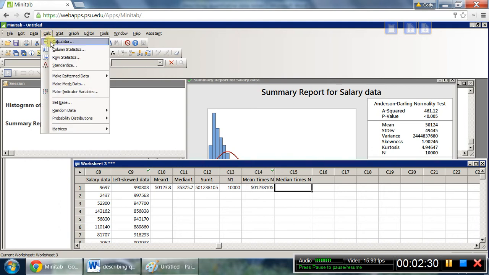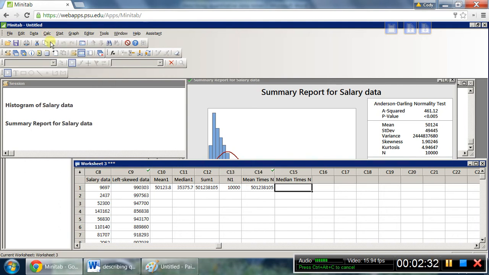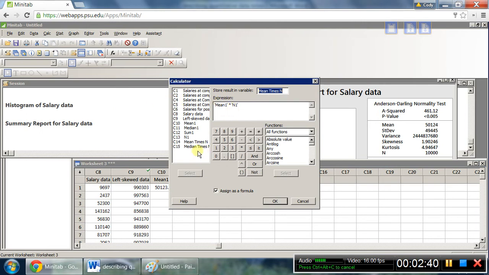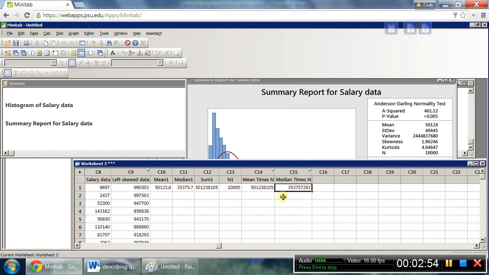Now, if we take a look at the median times the sample size, you'll have some anticipation of what's coming because we know that the median is smaller than the mean when the data are right skewed. So when we go ahead and do this multiplication, we find that the median times the sample size is much smaller than the sum.